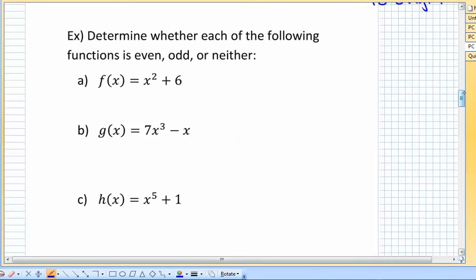To determine whether each of the following is even, odd, or neither, you put a negative x in. When I put a negative x in and square negative x, I get x squared. It's the same thing I started with, therefore this is an even function.